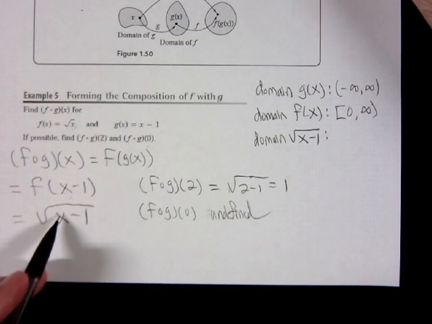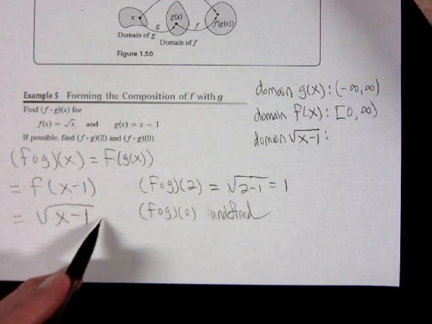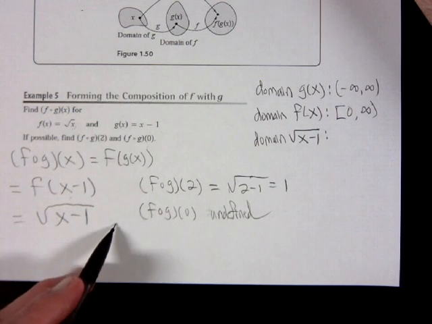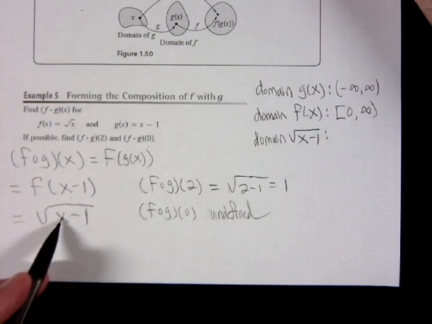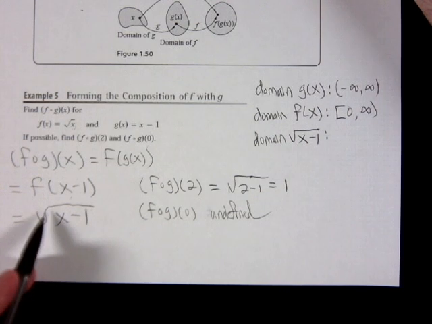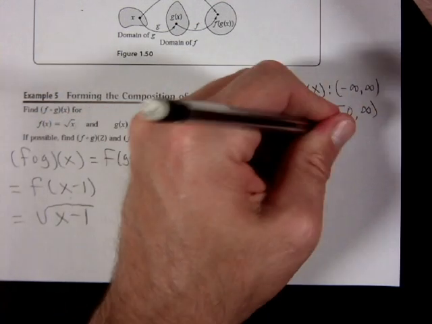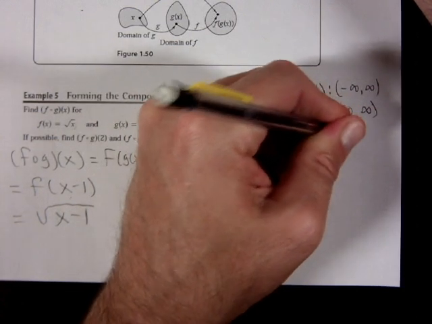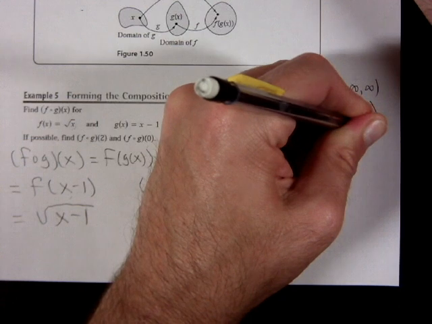And so that means x minus 1 has got to be greater than or equal to 0, so my x has got to be greater than or equal to 1. If I plug in anything less than 1, that's going to be a square root of a negative. So my domain of that composition is anything greater than or equal to 1.